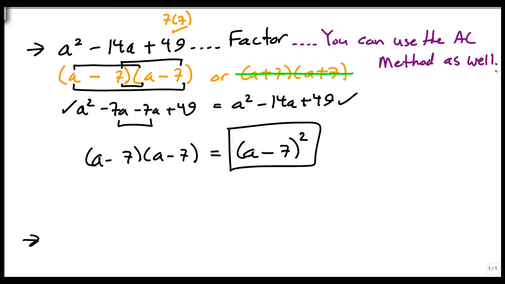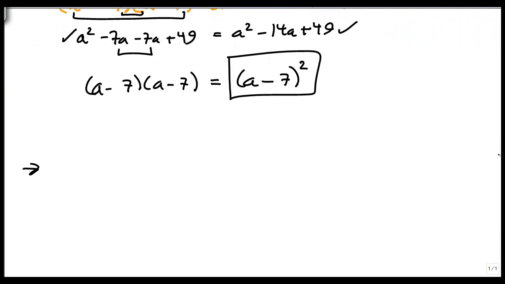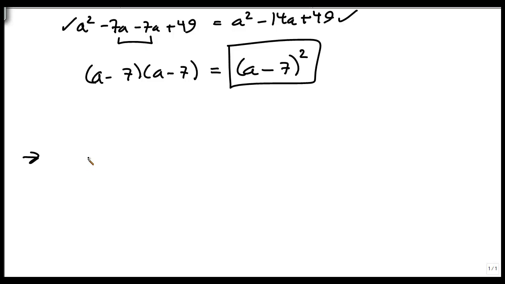But if we can start to see some of these shortcuts, it will save us some time. So continue to use the AC method if these don't make sense to you. But once you see these perfect squares, you might want to start thinking about using that perfect square to your advantage.